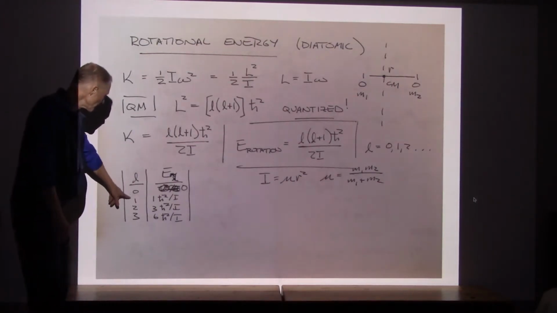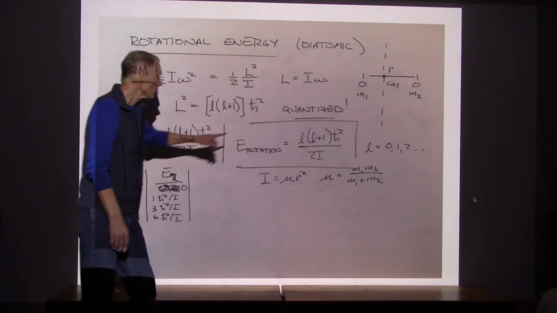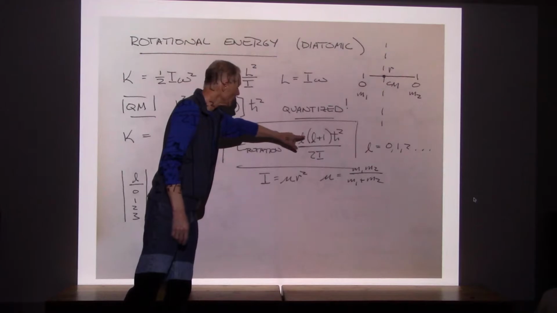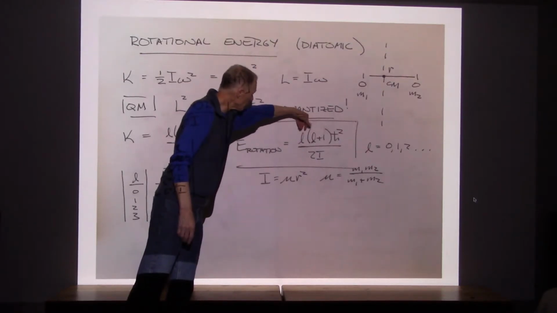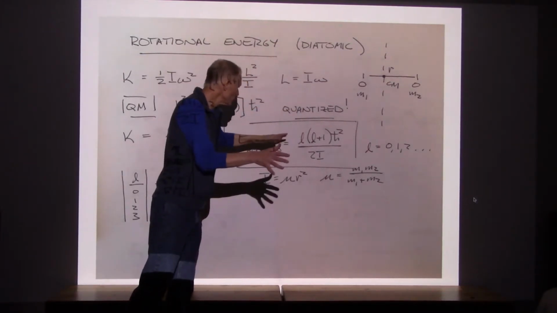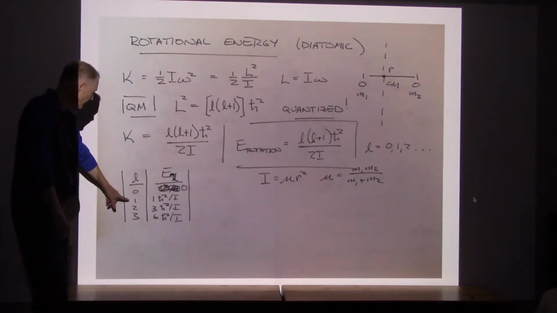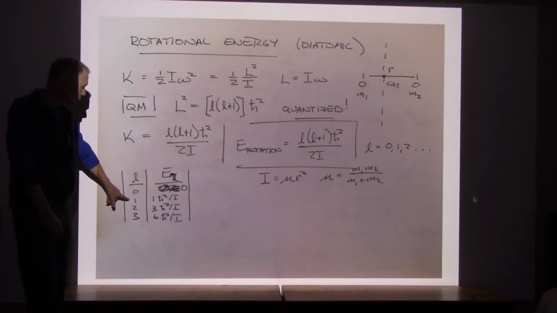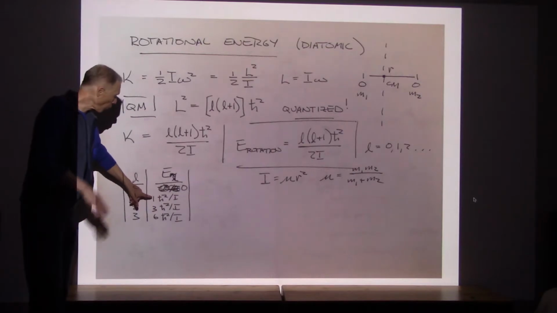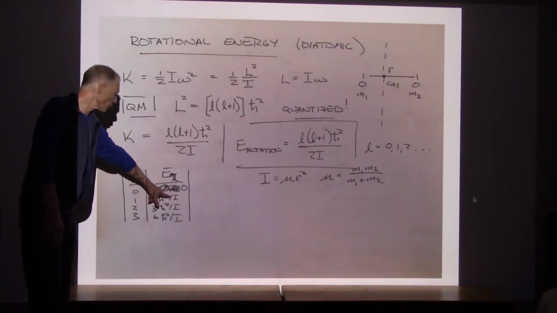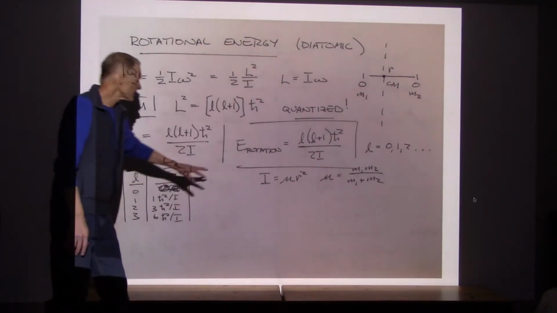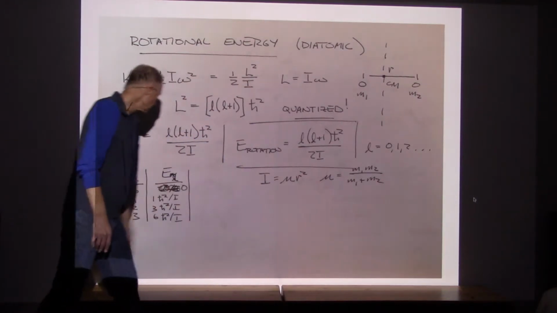All right, if we jump up to state 1 and plug in a value of L equals 1, then 1 times 2 over 2, the 2's cancel, and it says that the first excited state of rotation is 1 unit of h bar squared over I, where I is the rotational inertia again.